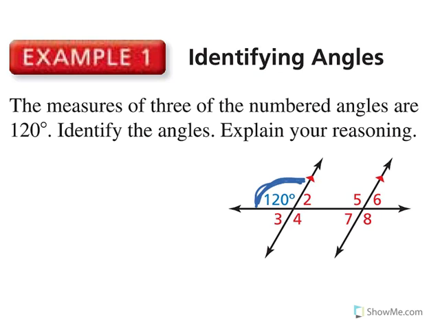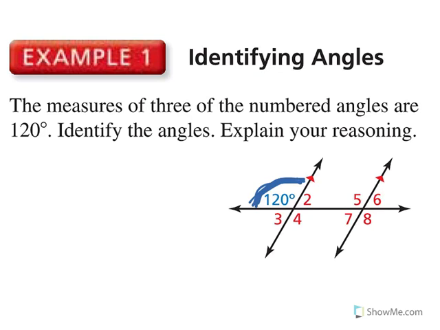So for congruent angles, we could look at corresponding angles, alternate interior angles, and alternate exterior angles. Those would all be congruent. So first, let's think about our corresponding angles. Corresponding angles are ones that are in the same position.